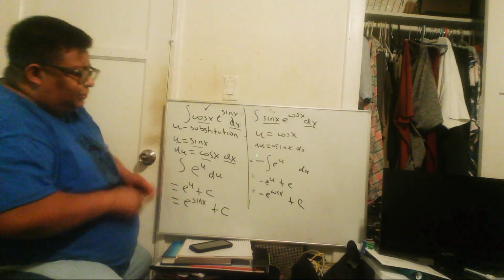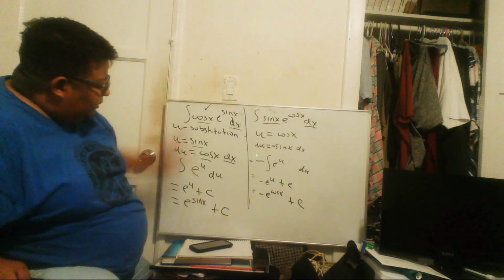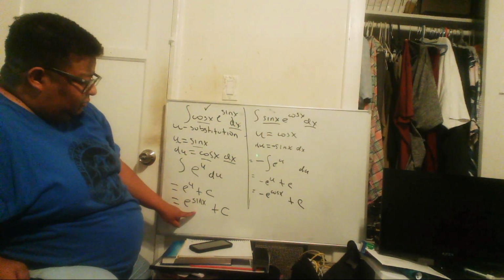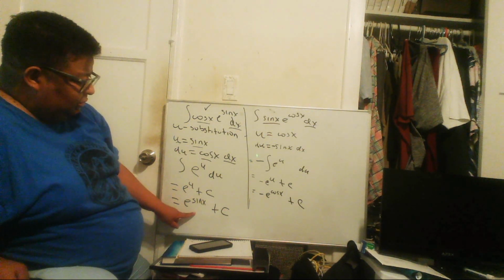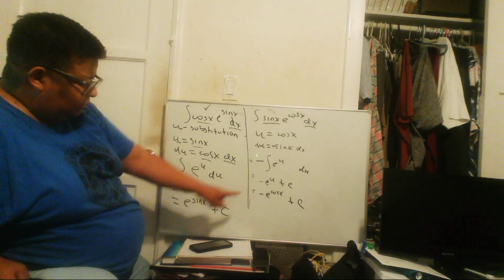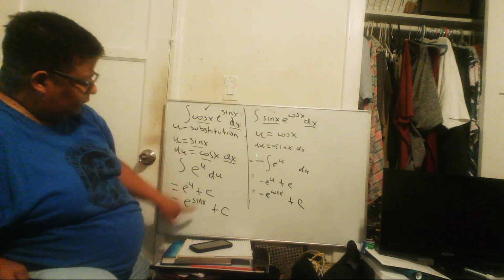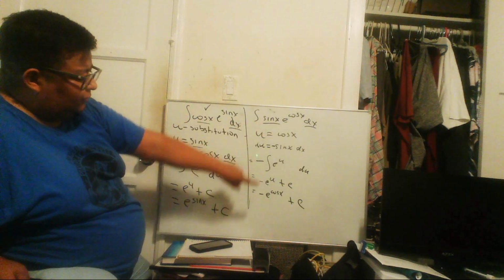And like I said before, I was comparing the difference between this integral and this integral, comparing those two solutions. This one has sine and this one has cos, so it's like the opposite: this one has cos, this will have sine, this one has sine, this will have cos.